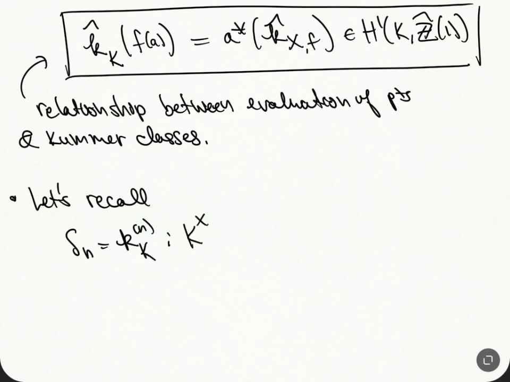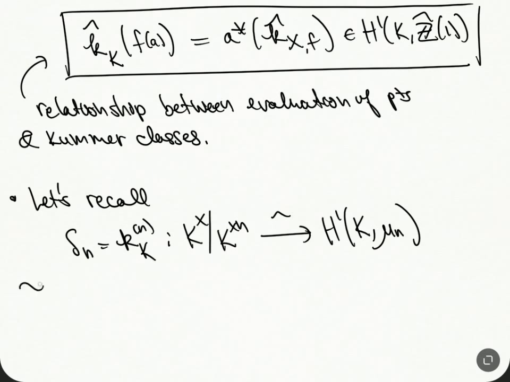This is from k cross to the n, an isomorphism onto h1 of k, mu n. And this is the co-kernel. So this came from the exact sequence, right? And this induced this map here, delta hat.